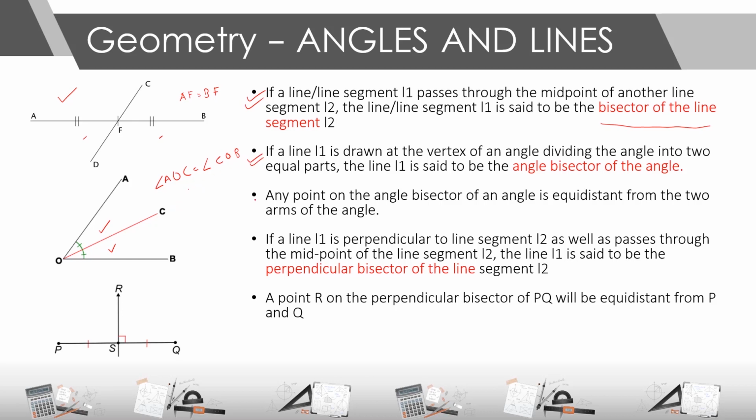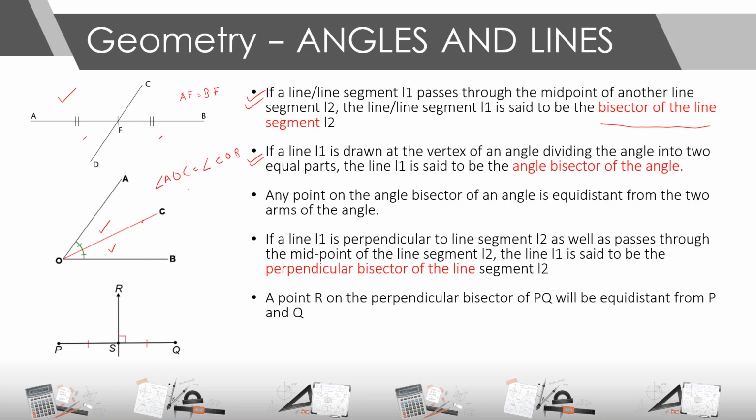Now the third point is extended from this second point only, that if we have an angle bisector, so we had this angle bisector CO, any point on this angle bisector will be equidistant from the two arms of the angle.